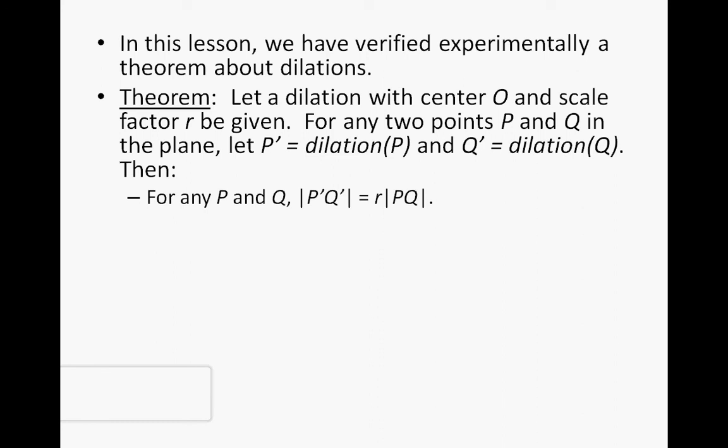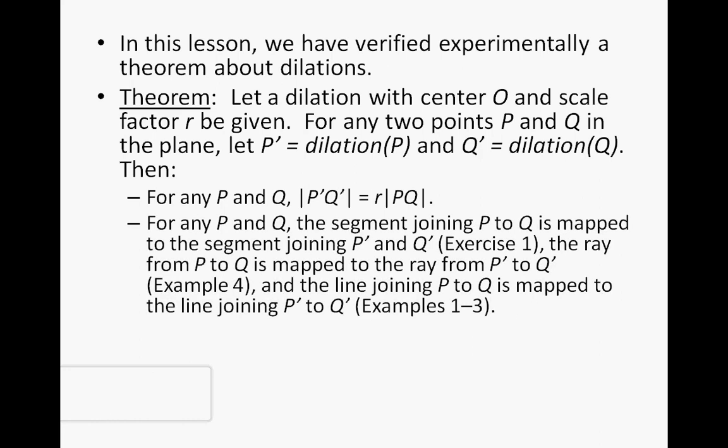Then for any P and Q, the line segment P prime Q prime is equal to the scale factor times the line segment PQ. And for any P and Q, the segment joining P to Q is mapped to a segment joining P prime and Q prime. That was in exercise 1. The ray from P to Q is mapped to a ray of P prime Q prime.